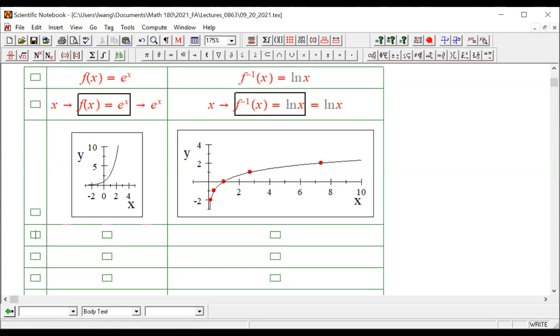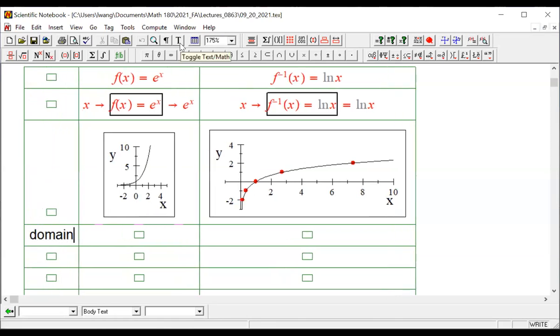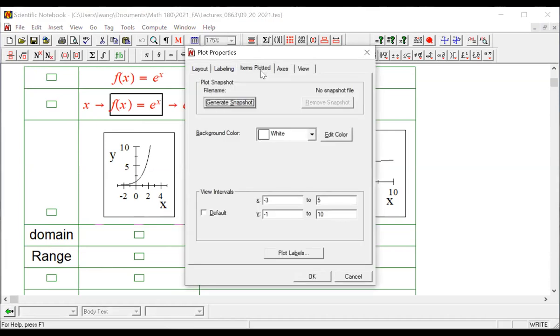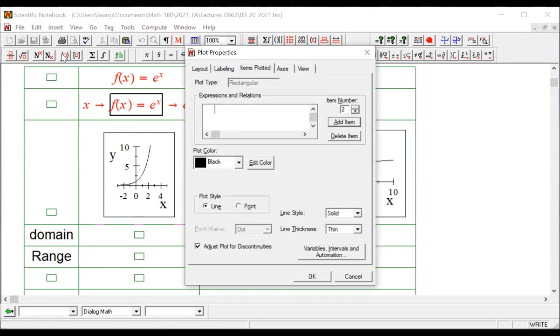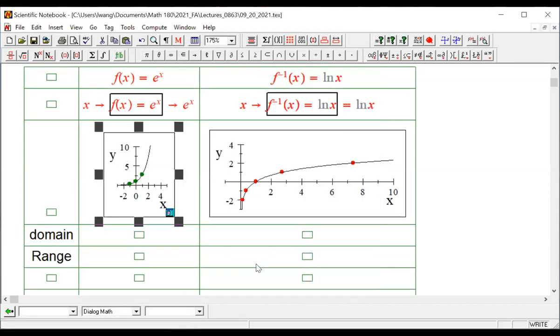Domain, range, intercepts. What's the domain of e to the power x? I'm going to plot a couple points for you.